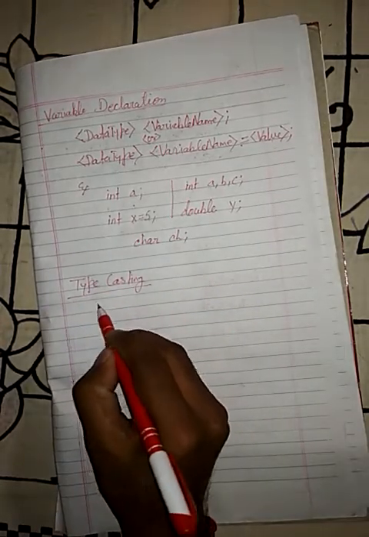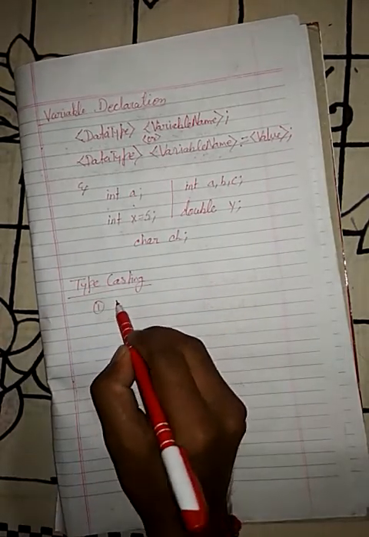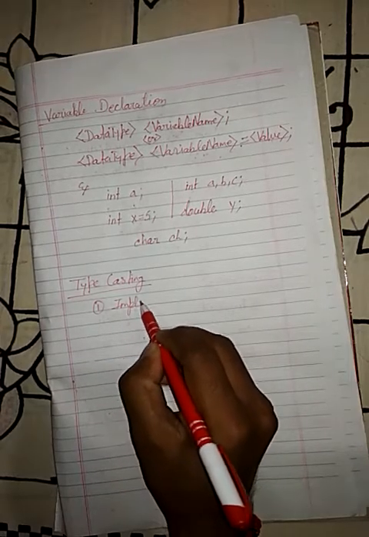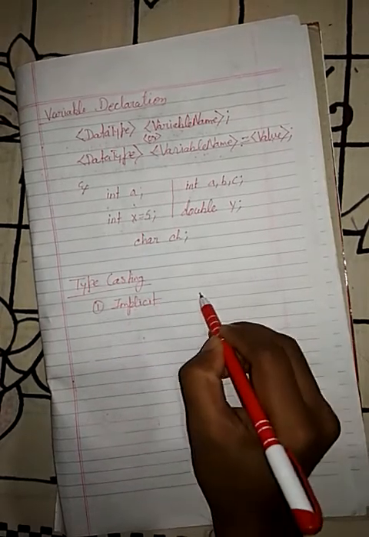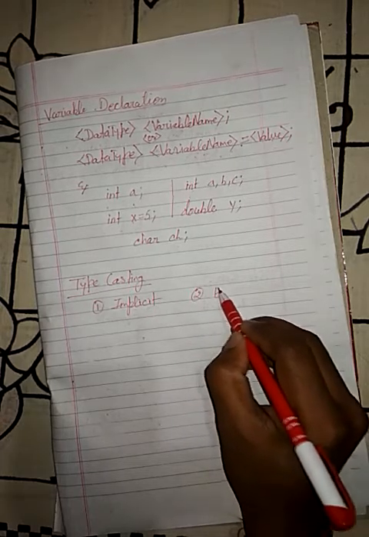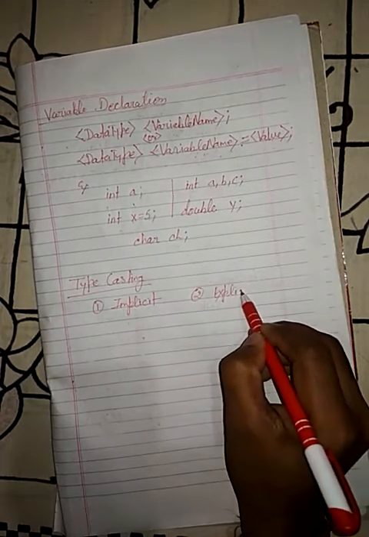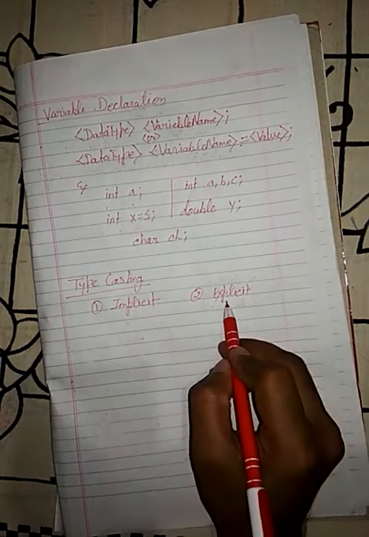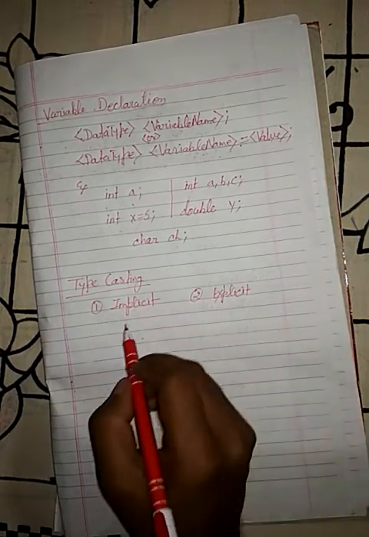There are two types of typecasting. The first one is implicit and the second is explicit. Implicit typecasting, explicit typecasting.